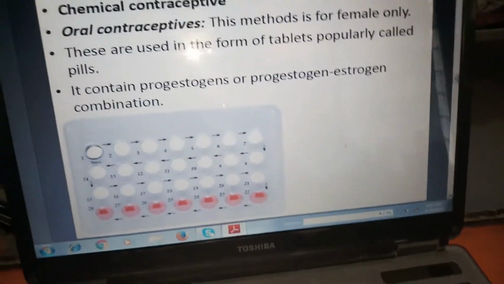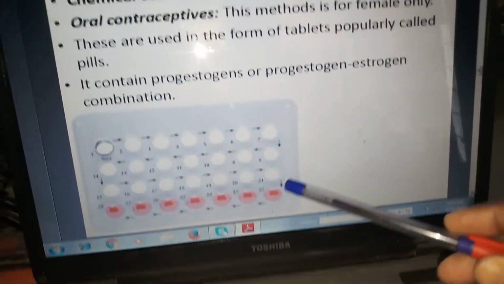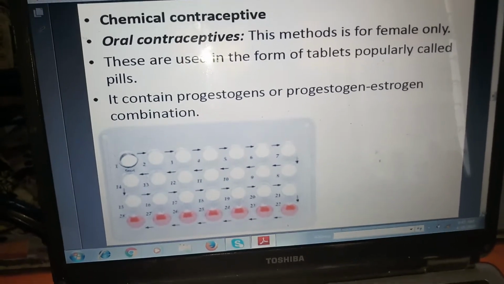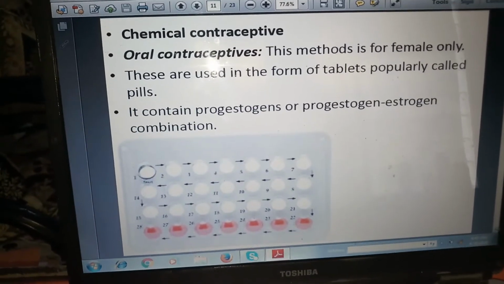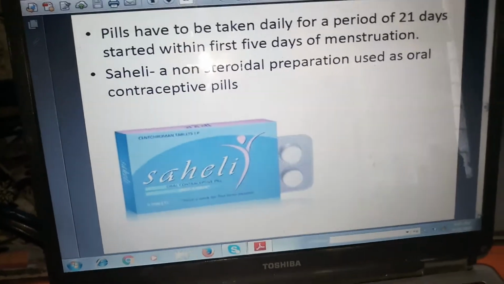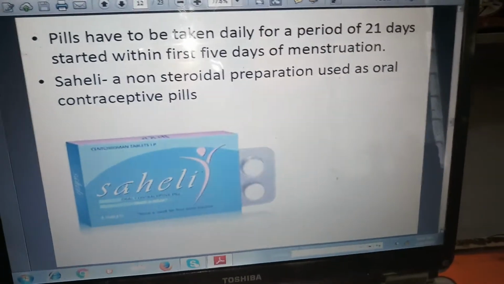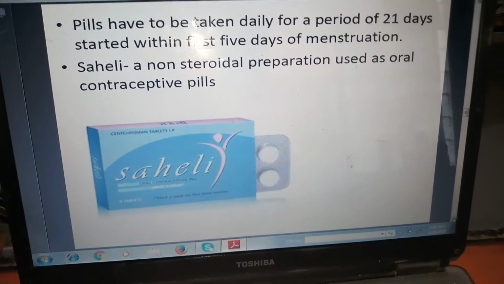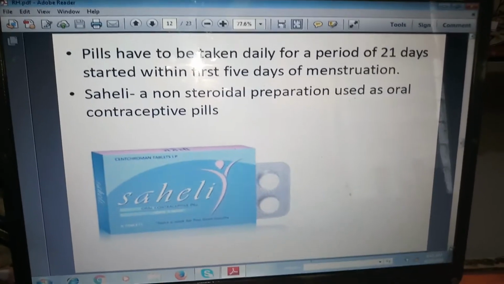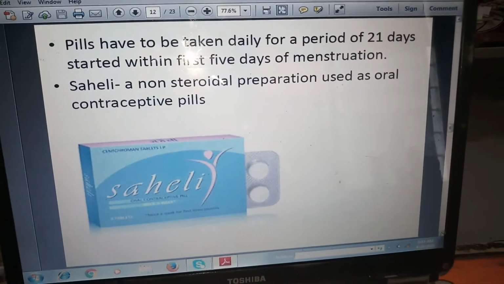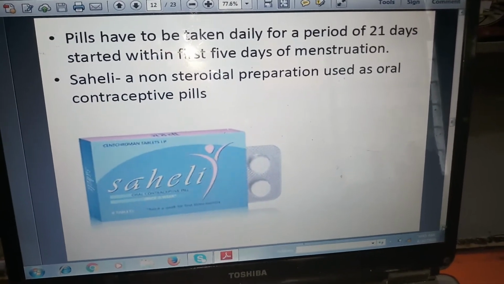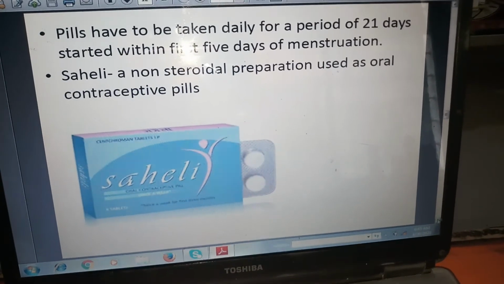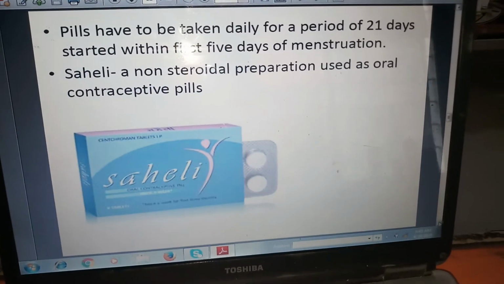You can see here this is the oral contraceptive. Pills, tablets or capsules are taken orally. Pills have to be taken daily for a period of 21 days, started within the first 5 days of menstruation. That is, oral contraceptives are taken with the onset of the first 5 days of menstruation.